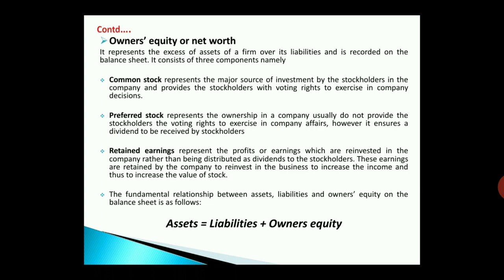Preferred stock, this is the same investment, but in this case they may not have the voting rights, but they get something called a dividend. That is, a percentage of profit of the company goes to them in the form of a dividend.